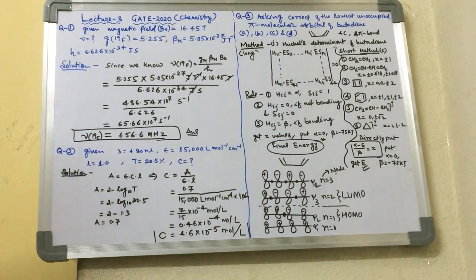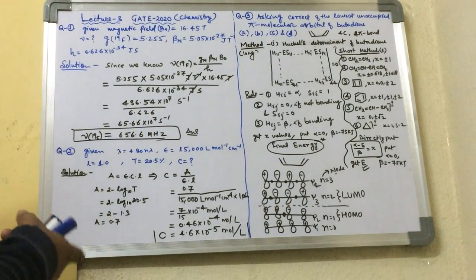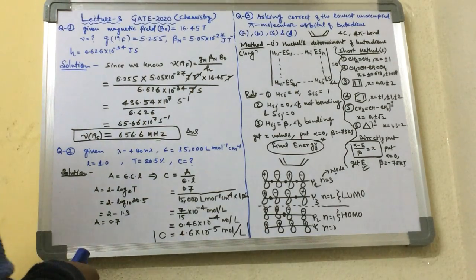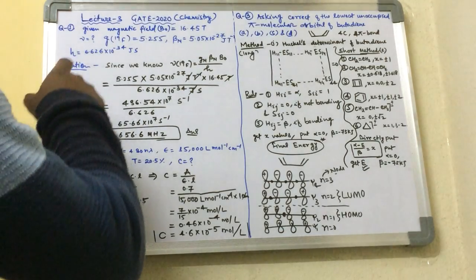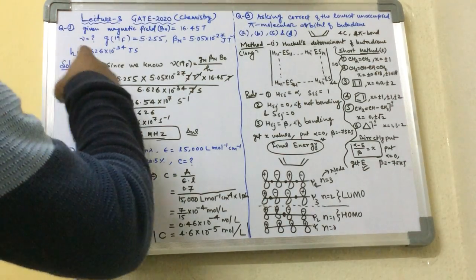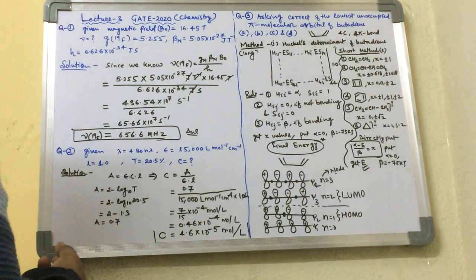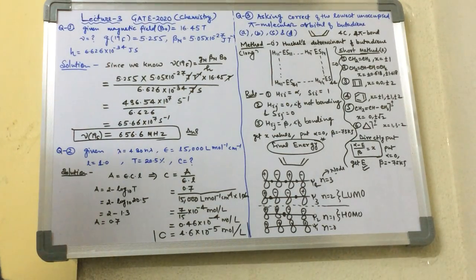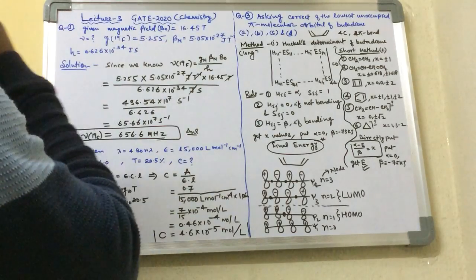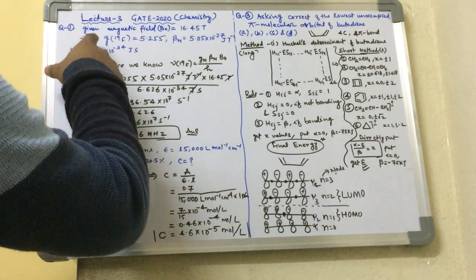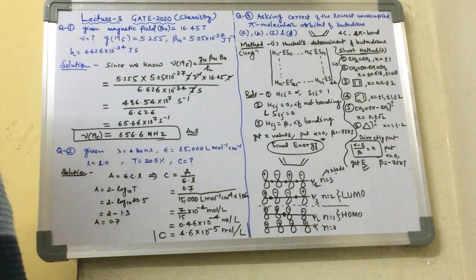So basically we have to find the resonance frequency, which we calculate in megahertz. So first I write what is given to us. I have written these things that are given. We have to find the resonance frequency.